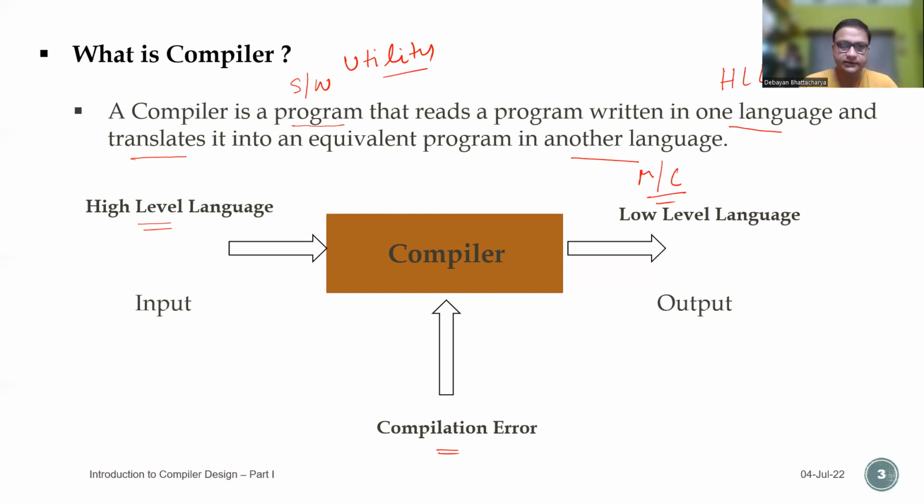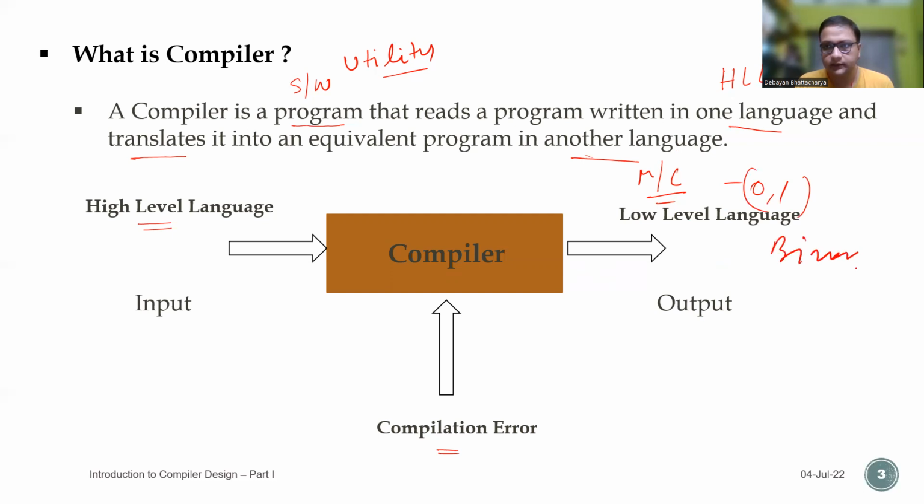Now the question arises: if we need software to convert the instructions given in high-level language by the user into low-level language, then why don't we directly give the instructions in low-level language? Because as a human being, it's very tough to give instructions in low-level language, since machine-level language consists of 0s and 1s, that means binary format.